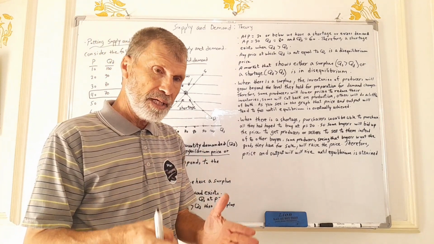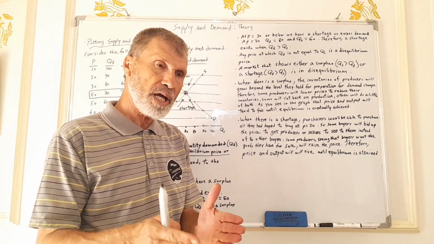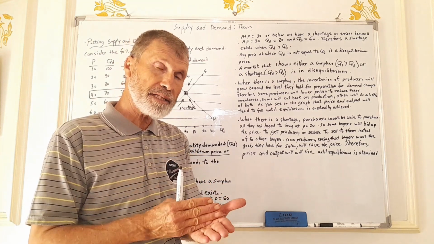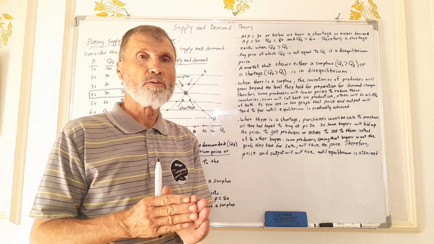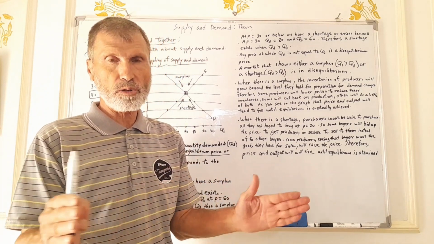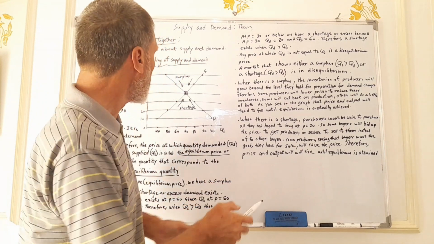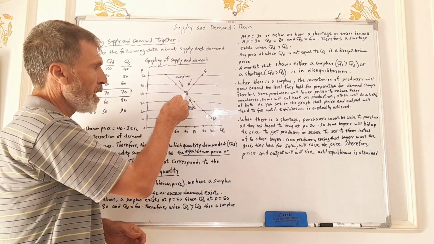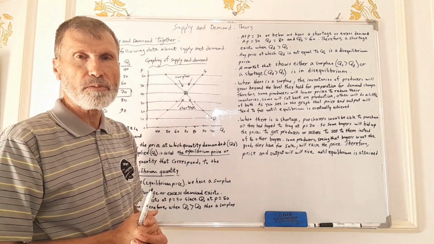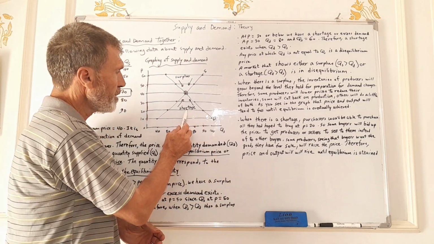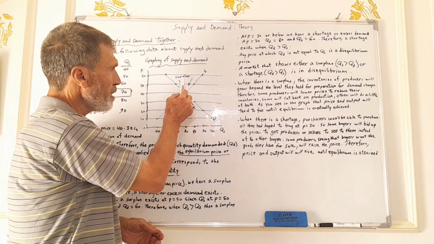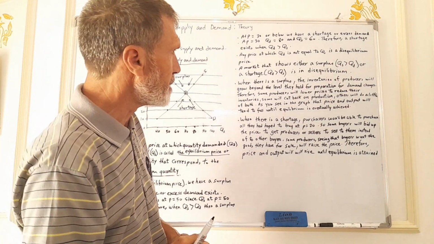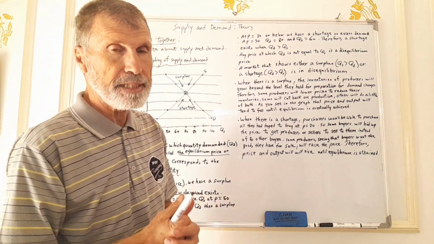We have an equilibrium state whenever we don't have a surplus or a shortage. Here, at this point where demand intersects supply, we have equilibrium. Over here, in the state of a surplus or a shortage, the market is in disequilibrium.